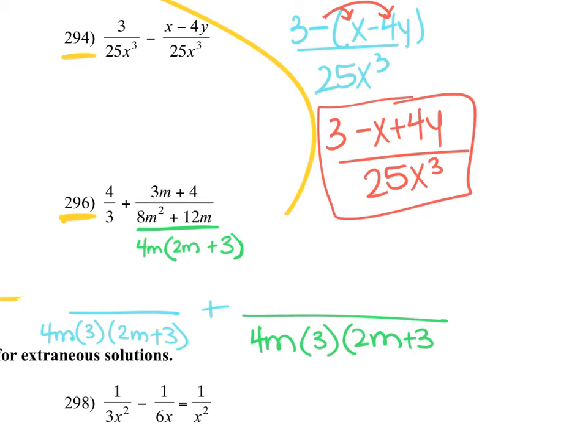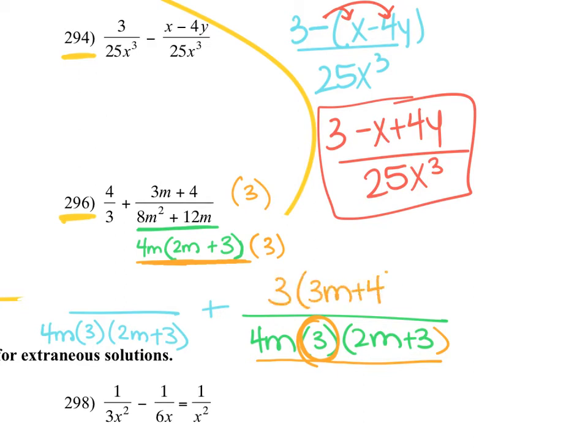So in this case, and I'll use purple or orange, how did I go from 4m times 2m plus 3 to 4m times 3 times 2m plus 3? In other words, what's missing? I believe my 3 is what I added. So whatever I do to the bottom, I do to the top. So if I multiply this by 3, I have to multiply my top by 3. And so my numerator is going to be 3 times 3m plus 4. And same thing goes for the 4/3.